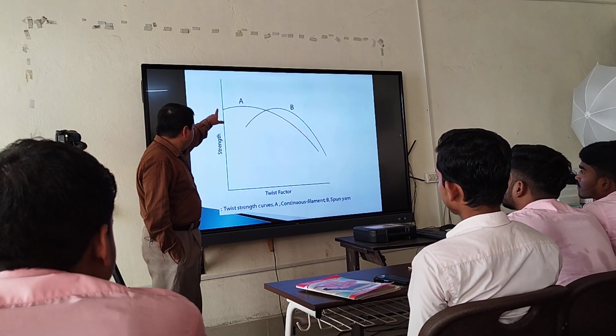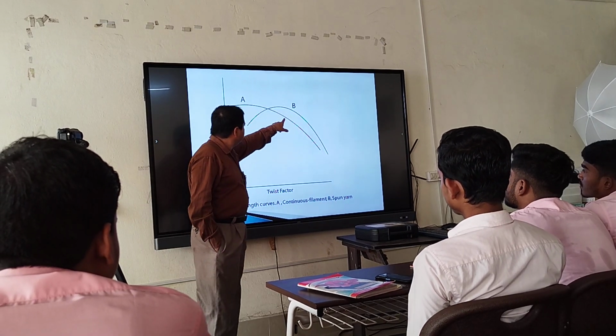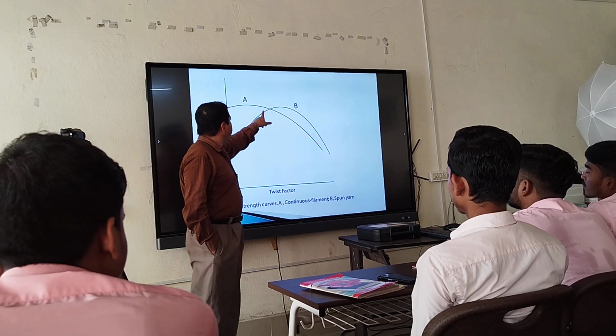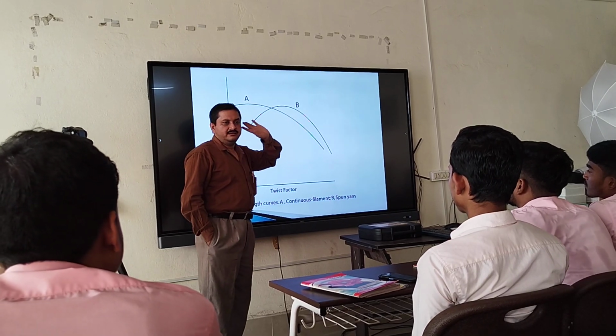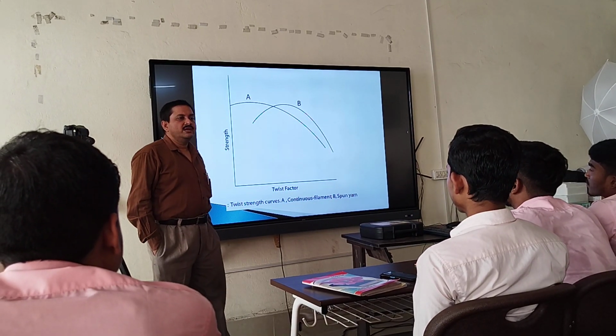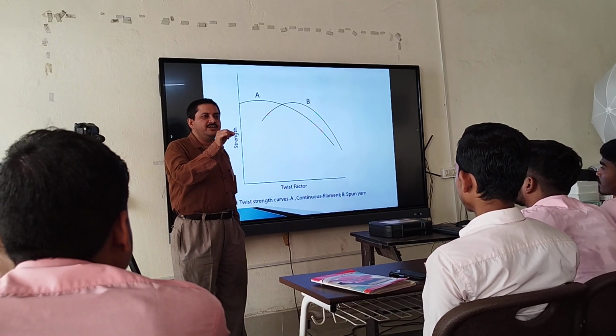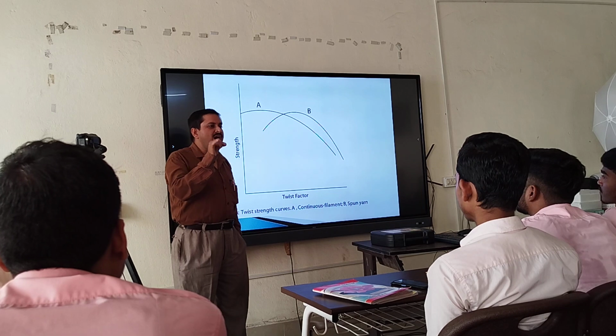This A curve is for filament yarn and your B curve is for spun yarn. Clear? So let us start to discuss why we should apply twist for spun yarn.